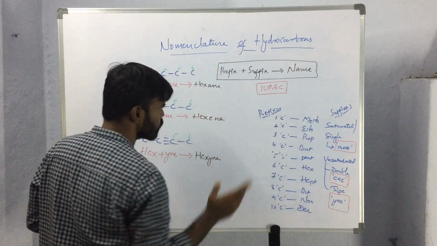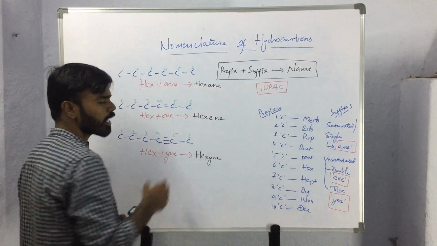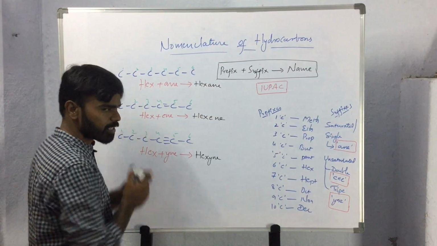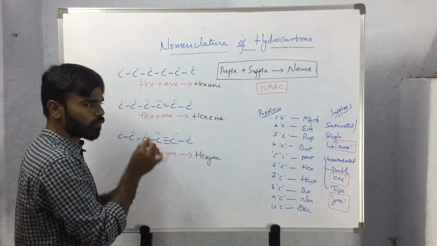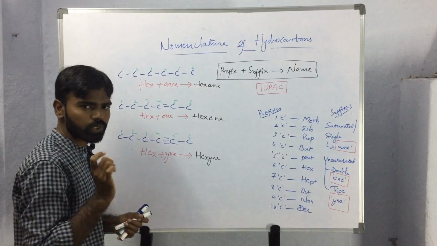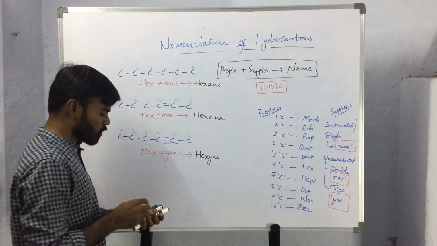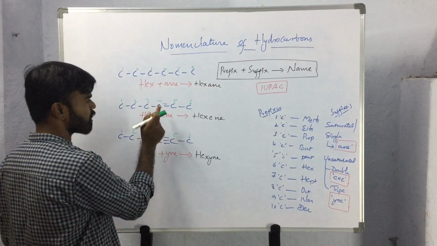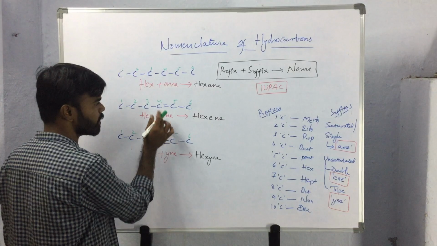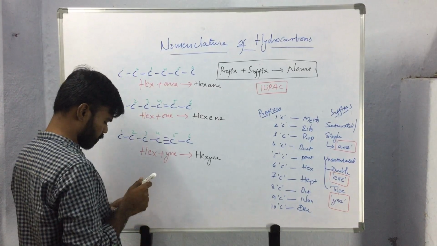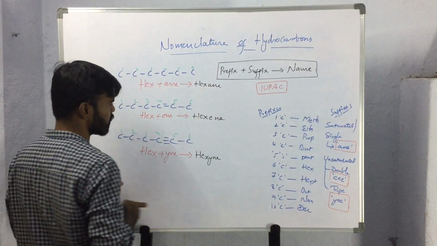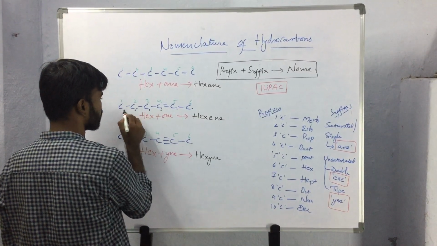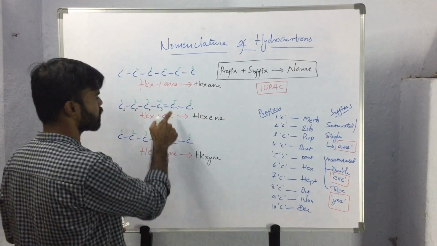According to the rules framed by the International Union for Pure and Applied Chemistry, while giving the numbering we should keep in mind that the carbon atom on which the unsaturation is present should get the least possible number. If we start numbering from this carbon atom, the carbon atom having the unsaturation will be number 4, whereas if we start numbering from the other carbon atom, the carbon atom having the unsaturation will be the second carbon atom.